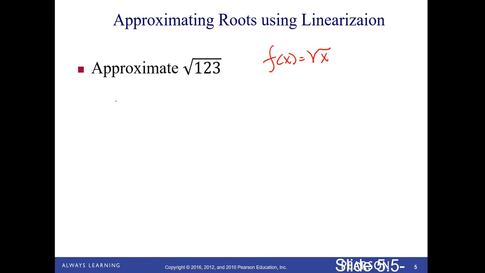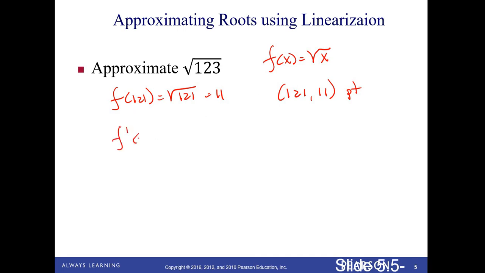So I'm going to use f of 121, which is 11, as my ordered pair. So when x is 121, f of x, or y, is 11. So that's my point. I need a slope at this same position.